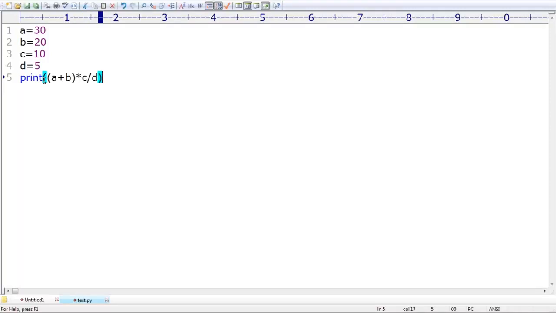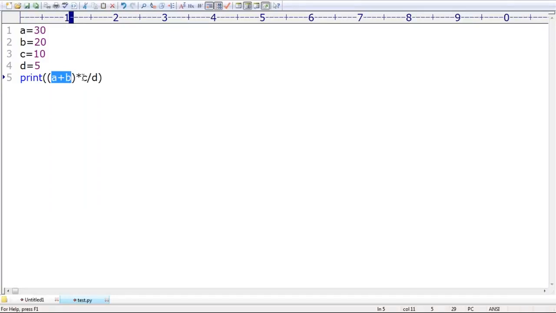We are not required to remember the whole operator precedence chart in our mind. So, what output do we get by default? Since precedence is there, this value becomes 30 plus 20, 50.